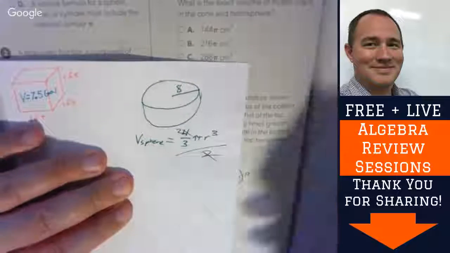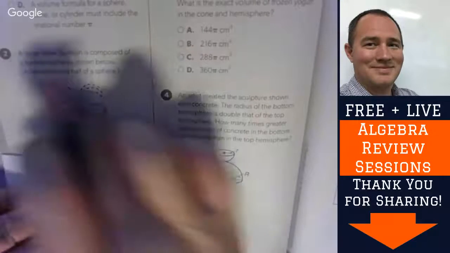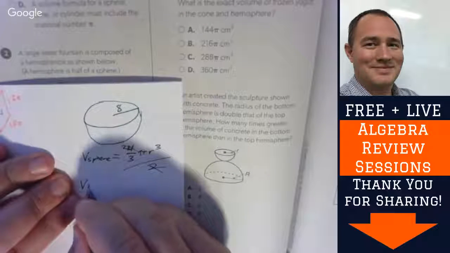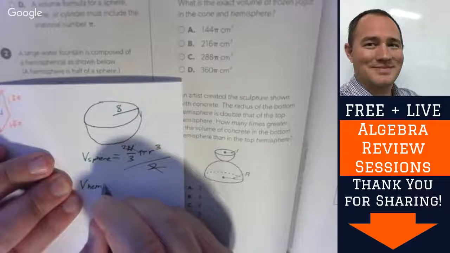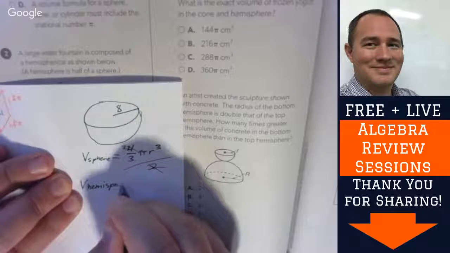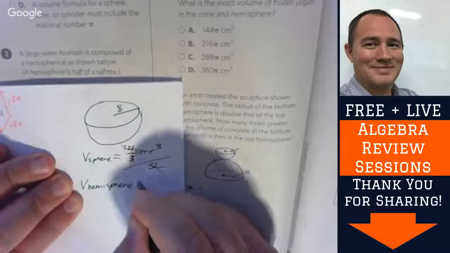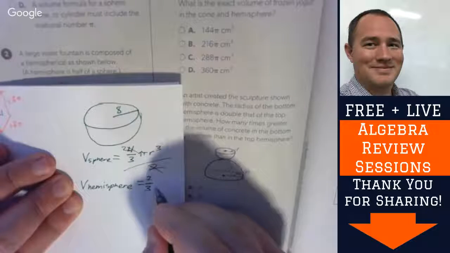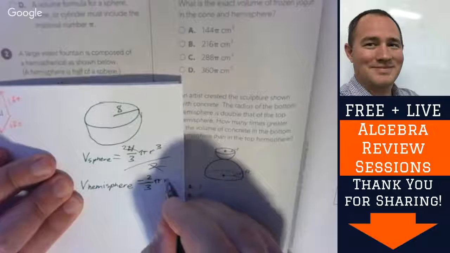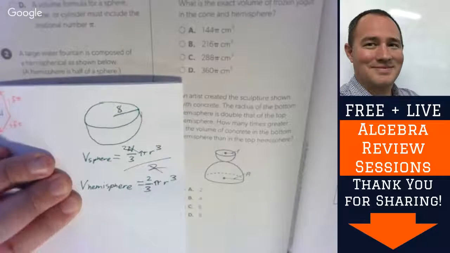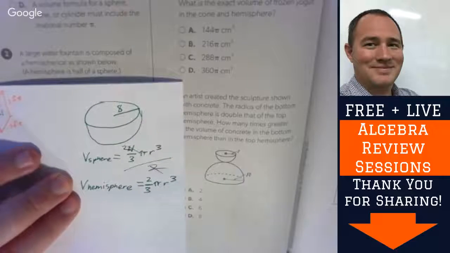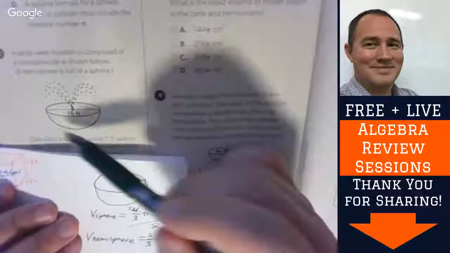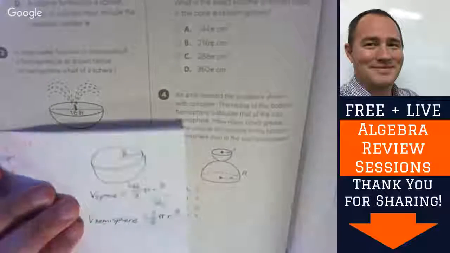So let me write down the volume of a hemisphere. That's going to be 2/3 pi r cubed. So let's go ahead and find out what the volume in cubic feet is that this fountain will hold.